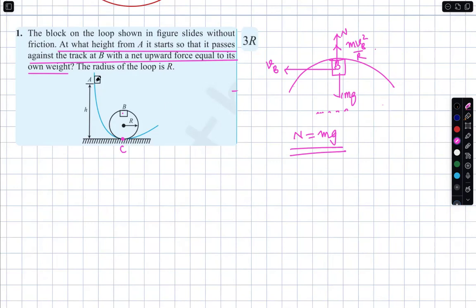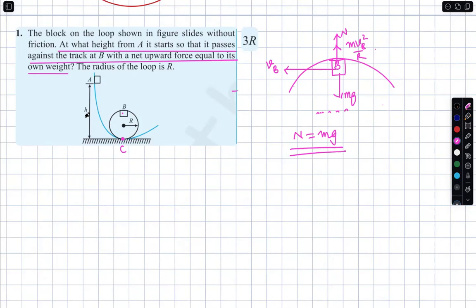Oh yeah, this block is moving all the way like this and reaches B. This is a track like that. At what height from A should it start so that it passes against the track at point B with a net upward force equal to its own weight?